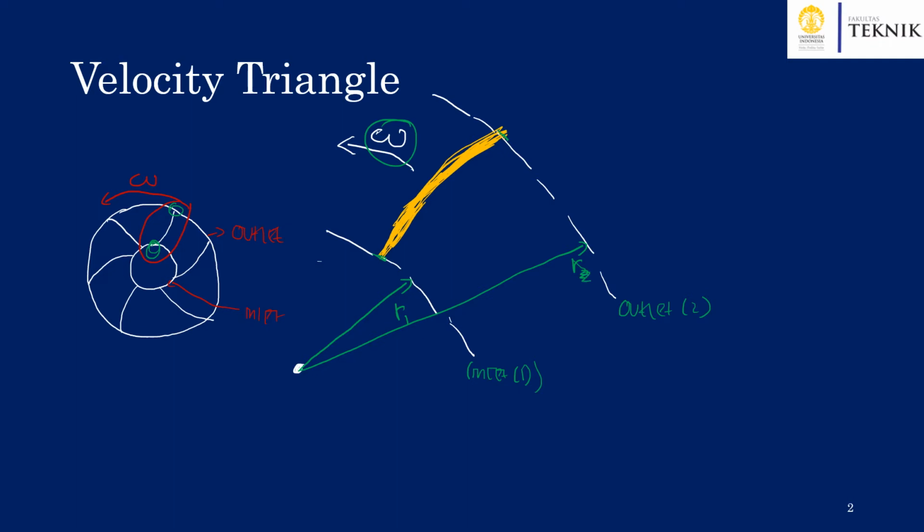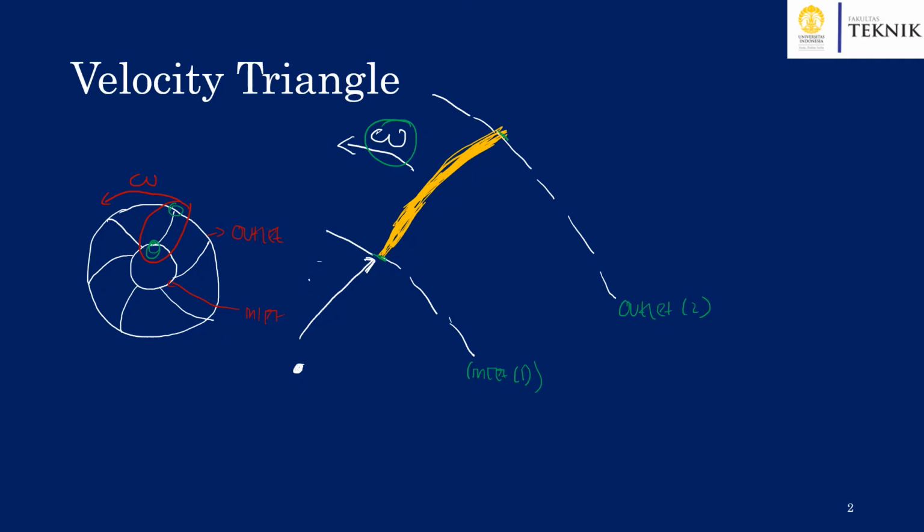Now we can begin to talk about the velocity triangle itself. To make it easier for us to analyze, I will erase this part of the radius. Then we have the first component of the velocity. It is called the relative velocity of the fluid that comes into the impeller at the inlet.